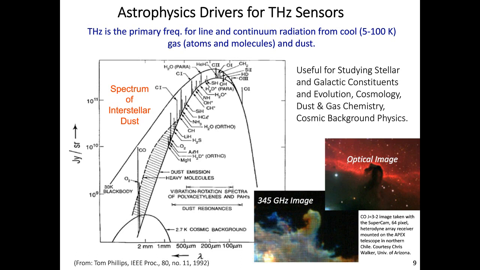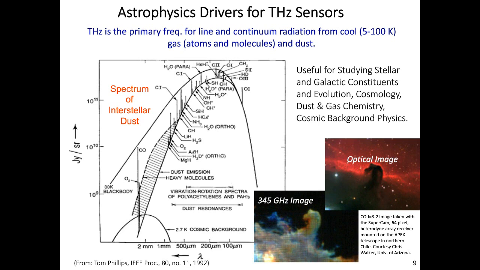And I just put two nice sort of contrasting images that Chris Walker, an astronomer at University of Arizona, sent me recently to sort of illustrate the difference between what you get in the optical regime and in the terahertz regime.